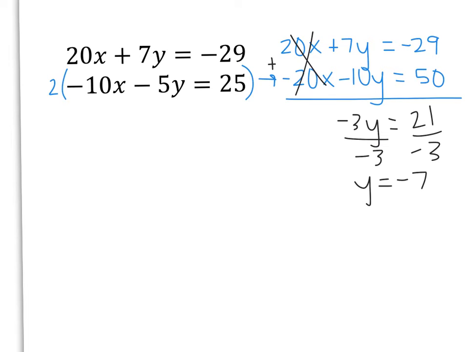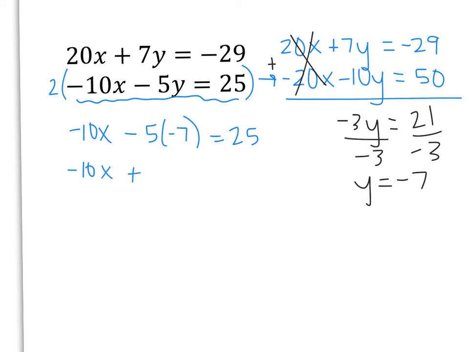But now I have to plug that back into one of the equations, so I'll do that to the original equation before I changed it, the negative 10x equation. So I'll say negative 10x, and again, it doesn't matter which equation I plug it into, minus 5 times negative 7 equals 25. So I have negative 10x plus 35 equals 25, subtract 35.